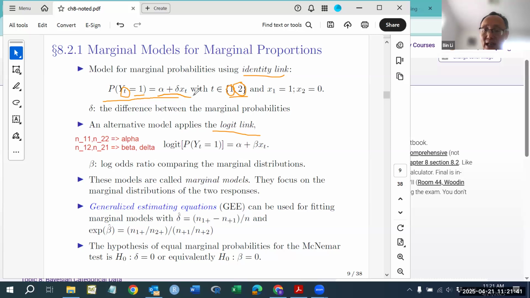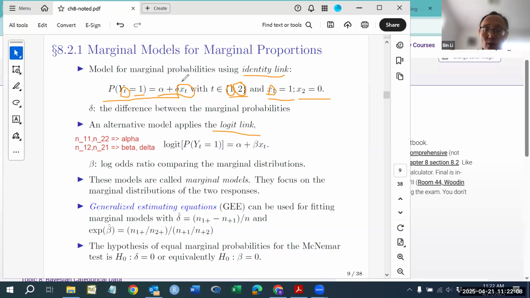The probability of answering yes for question 1 or 2 can be modeled by alpha plus delta x_t. So what is x_t? x_t is the index for question 1 or 2. If it's question 1, then x_t equals 1. If it's question 2, x_t is 0.